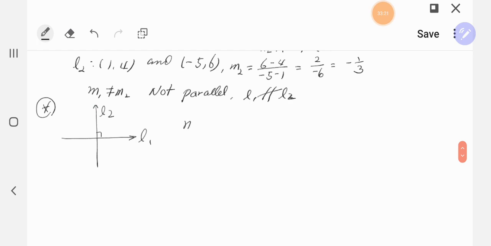So we know that line 1 is a horizontal line, so its slope is 0. Then what is the slope of the second line? Is it 0? Undefined. That's undefined. Why? Because it's a vertical line. Horizontal line, horizontal.